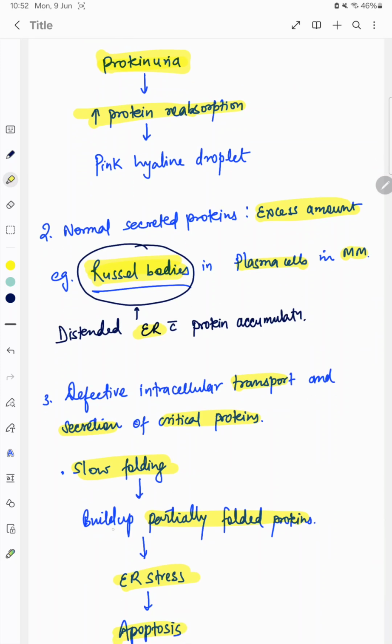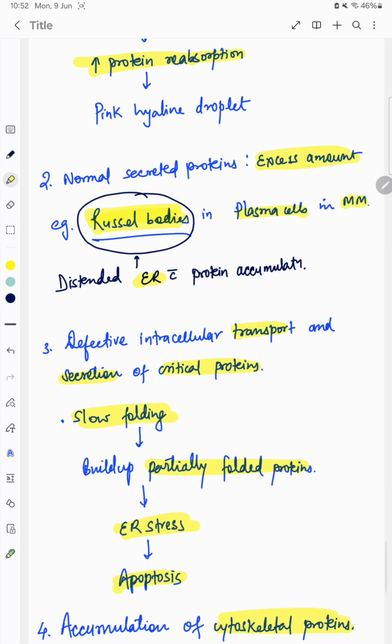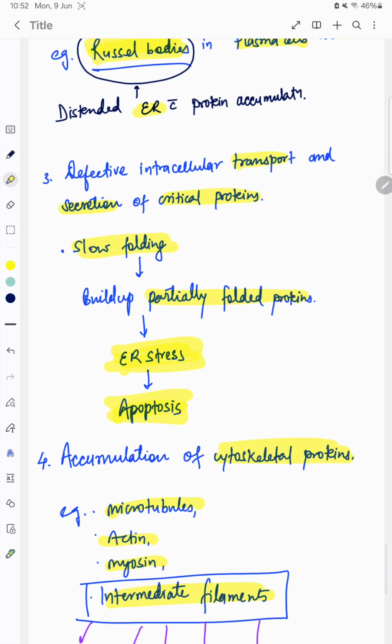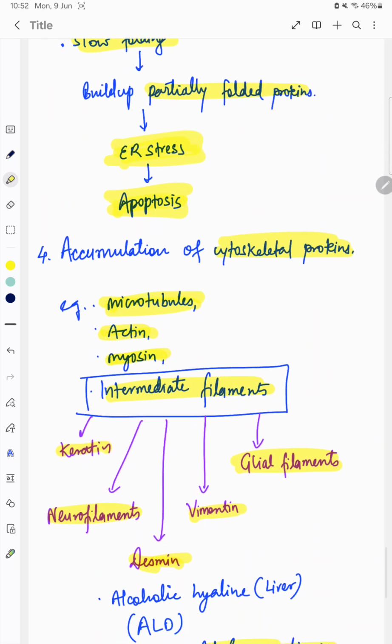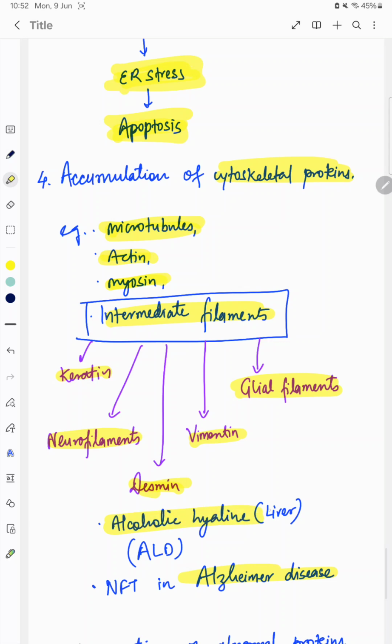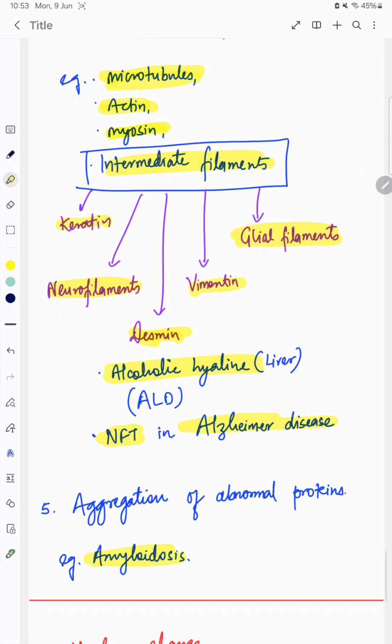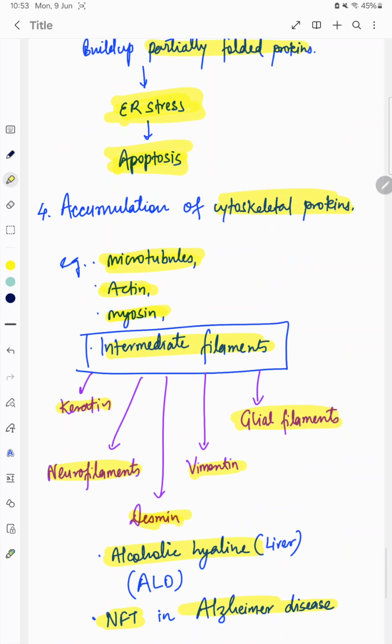Defective intracellular transport and secretion of critical proteins, due to slow folding, causes a buildup of partially folded proteins, resulting in endoplasmic reticulum stress and apoptosis. Accumulation of cytoskeletal proteins like microtubules, actin, myosin and intermediate filaments gives alcoholic hyaline in the liver and neurofibrillary tangles in Alzheimer's disease.